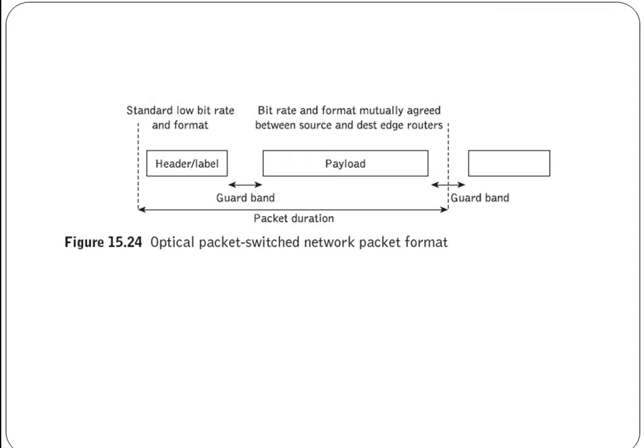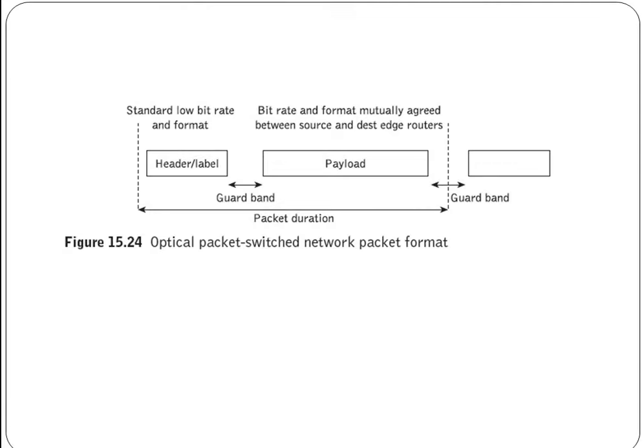This figure shows the structure of a typical packet. You can see that it contains a header or label and the payload, that is the data, and it requires a guard band. The guard band is required to make sure that data is not overwritten.